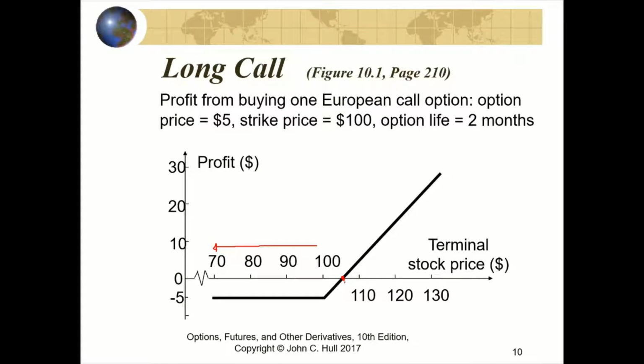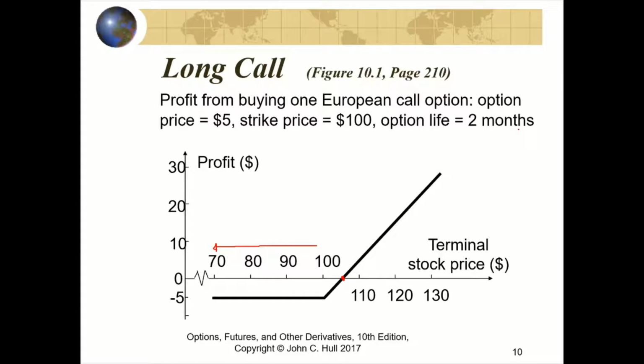Okay, now when we examine profit diagrams or payoff diagrams, it is important to ask ourselves what is the upside potential or downside potential, and what is the upside risk or downside risk. For the long call here, is there any limit on the profit that the investor can receive? Well, is there any limitation on by how much the stock price can increase?